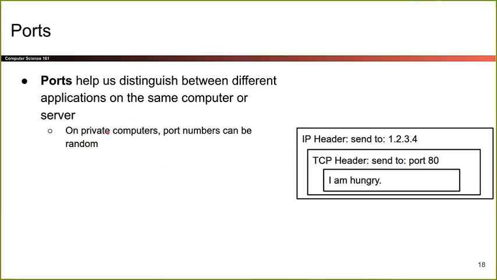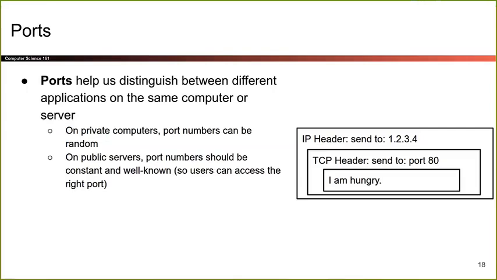Again, on private computers, these can basically be whatever. None of you care whether my computer currently is using port number 50 or 51 for Zoom. It doesn't matter. As long as Zoom knows that I'm using this port number, they can send the replies to the same port number and we're good. So it doesn't matter for most people what port numbers I'm using because I'm using a private computer. But if we're using a public server like Google, then the port number should probably be well known and constant.